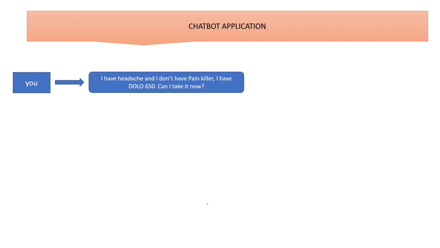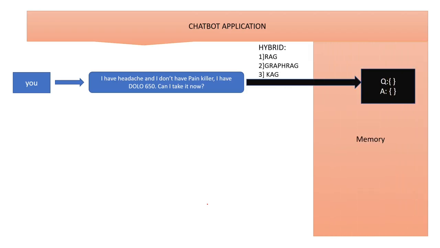With your hybrid approach, or any one of RAG, GraphRAG and KAG, chosen based on your scenarios and requirements, it will do the process, and then store the question and answer in memory.